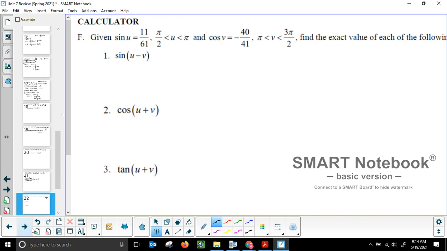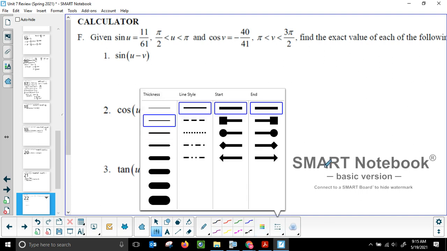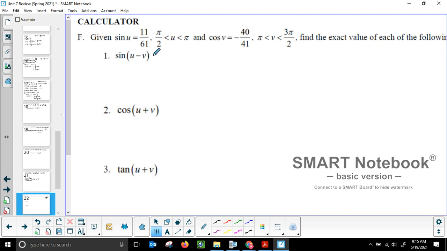All right, and now to the calculator part. These are the sum and difference formulas that we just talked about, right? So the sine of u minus v is going to equal sine u, and let me, since we don't have quite as much room here, write it.